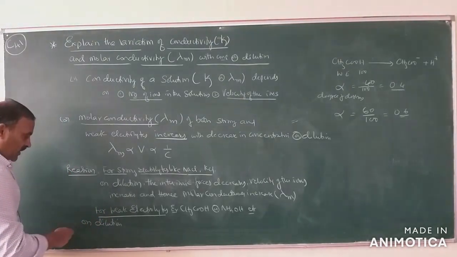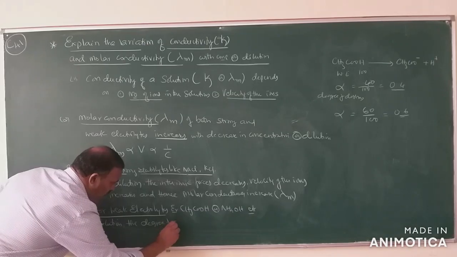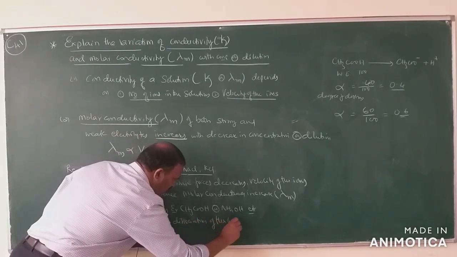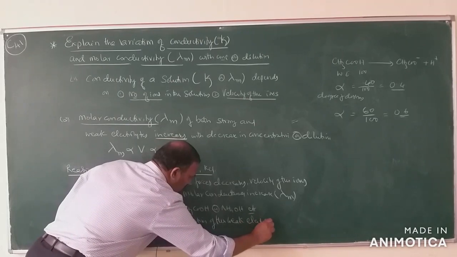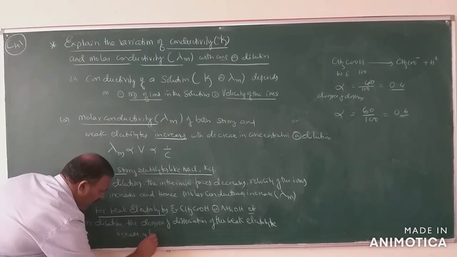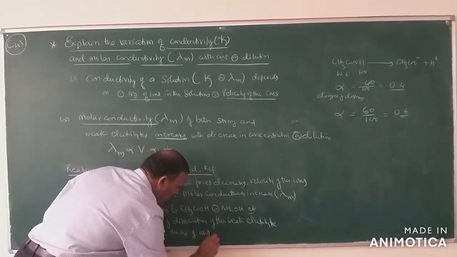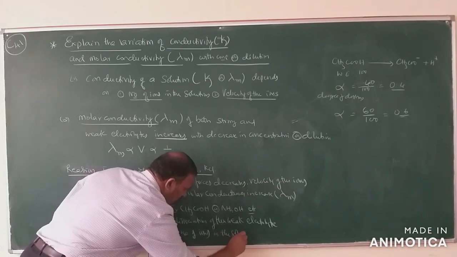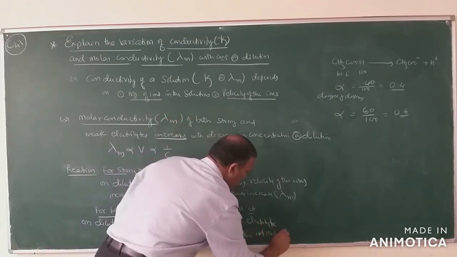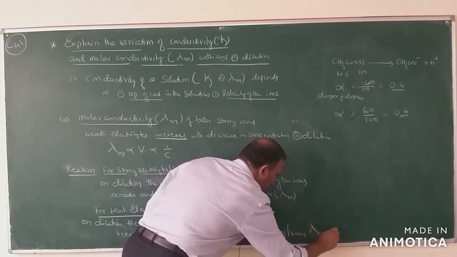On dilution, the degree of dissociation of the weak electrolyte increases, and hence the number of ions in the solution increases, and hence molar conductivity lambda m increases.